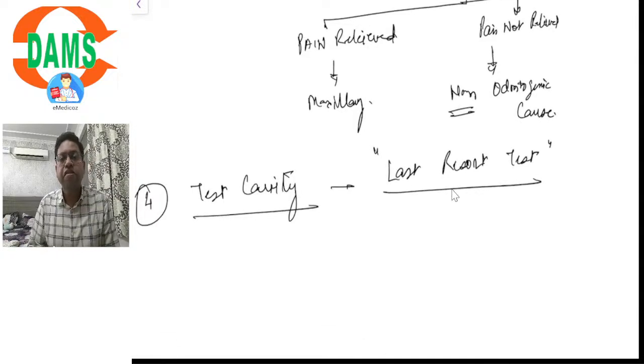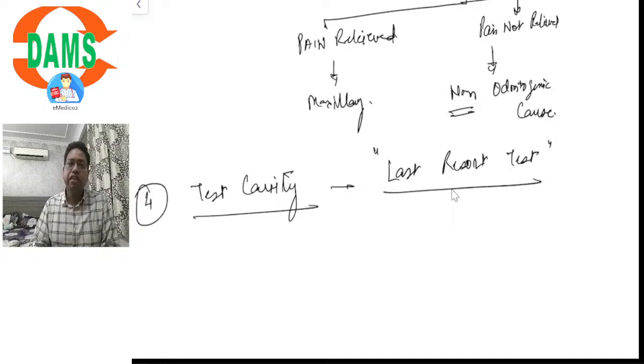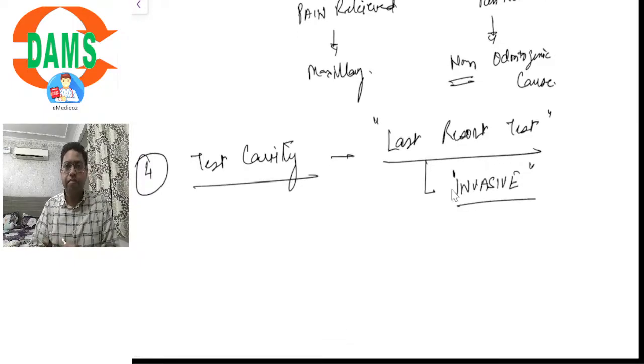Last resort test means when all other testing methods have failed to give a conclusive evidence about the pulpal status, we use the test cavity. Why it is the last resort? Because it is an invasive test that causes irreversible damage to the tooth structure.